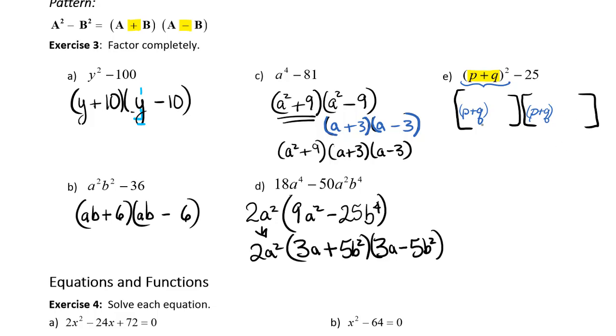I know they're not binomial factors, but that's what we call them. I'll have a plus 5 and a minus 5 here. Now notice that I could drop those parentheses now that I've factored it. So the p plus q stayed in parentheses until I was done factoring, and now I have p plus q plus 5 and p plus q minus 5.